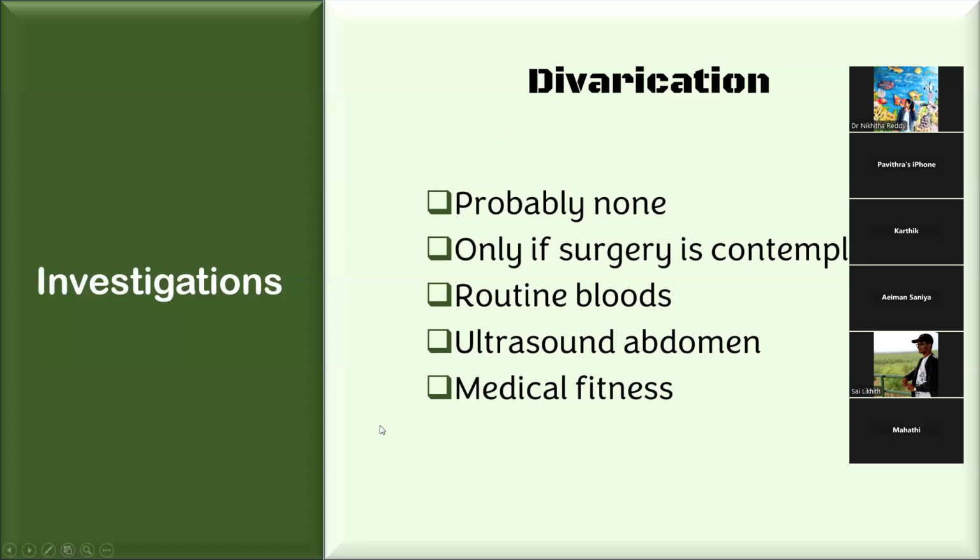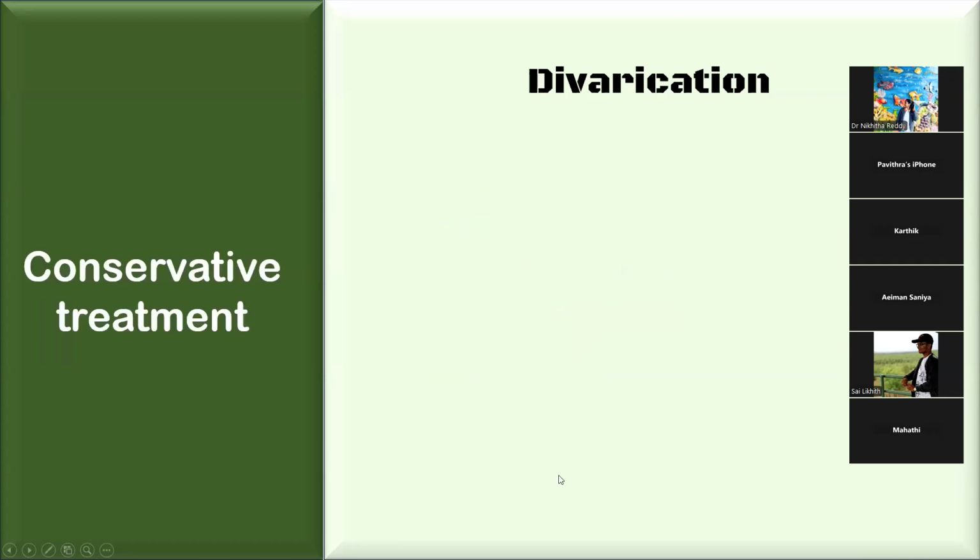Okay. Mahati, are you following what we're saying? Yes, sir. Any questions or doubts so far? No, sir. All right. So, as I said, it's not often that we recommend surgery for divarication. Conservative treatment is the strong pillar of treatment.